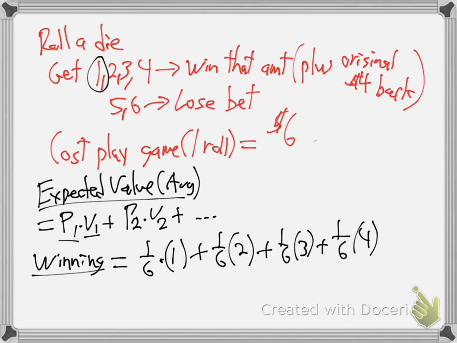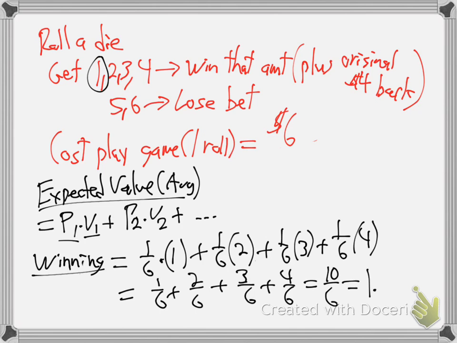If we add those up, that's 1/6 plus 2/6 plus 3/6 plus 4/6. Add all those up, you can just use your calculator. It's 1.66666. I'll just round it to 1.67.